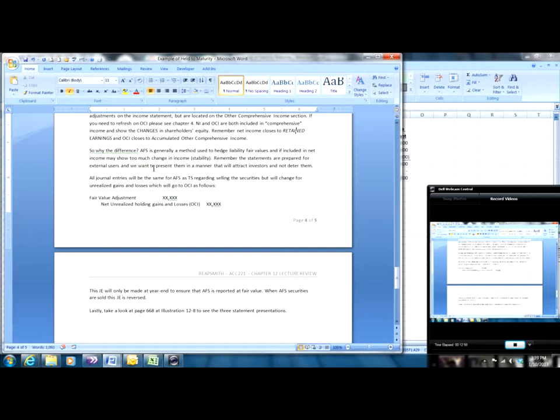AFS is generally a method used to hedge liability for fair value. If you remember, GAAP allows us to book our liabilities at fair value. Most companies do not, but those that do book at fair value, depending on what their debt issues are, they may hedge fair value due to whatever is backing the liability. That will come in when we have derivative type things that are out there.